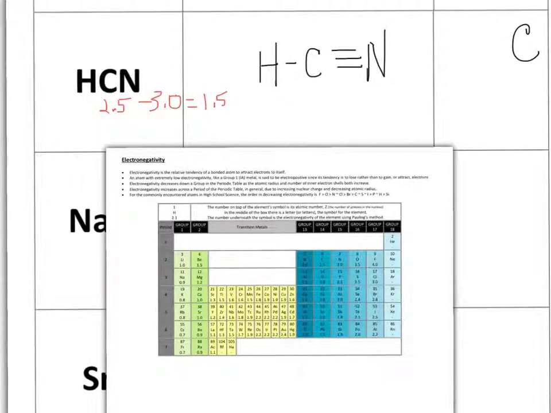And we have hydrogen is 2.1 and carbon is 2.5, okay? And so the difference between those two is just 0.4, okay? Now, again, less than 1.7 equals polar covalent bond, all right?